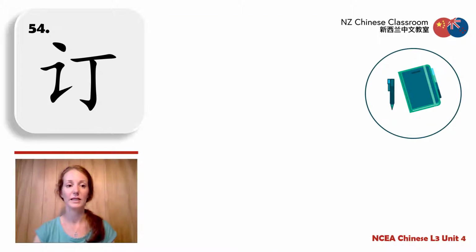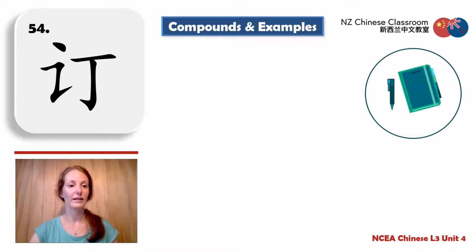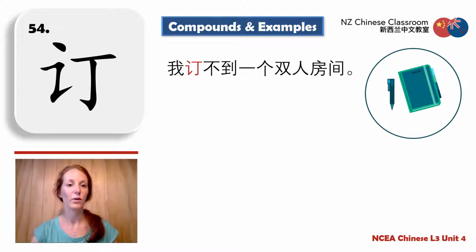Okay, 订. This means to book something, like make a reservation. So you see they've got the language radical in there. So you're talking to the person, you ring them up on the phone to make a booking. And the T looking thing, that is ding, like a nail. It looks like a nail, but that's how we get the sound of this character. 我订不到一个双人房间.